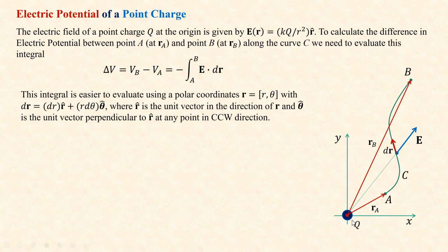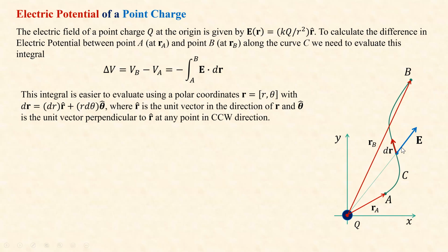Because you know this electric field is radial, it is much simpler if we do this integral in polar coordinates, where the position vector R is denoted by the magnitude of R and the angle theta. That means R and theta tell us how far we are from the center and in what direction we are, instead of X and Y. Then when we have this, dr, the change in position vector, can be written as dr times R hat, meaning a little bit we can go away from the center in the direction R hat, and a little bit we can go in this direction.